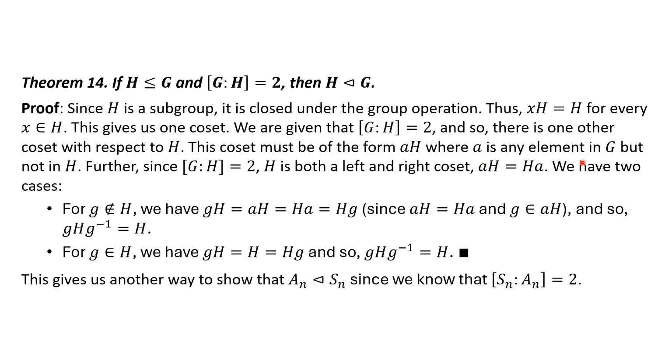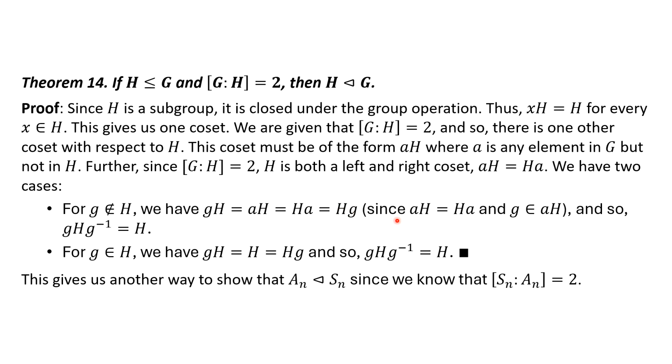So from there we have two cases to show that H is normal. First case, g is not an element of H, in which case we have gH equals aH, this a that we've talked about up here, and that equals Ha, and that in turn equals Hg.